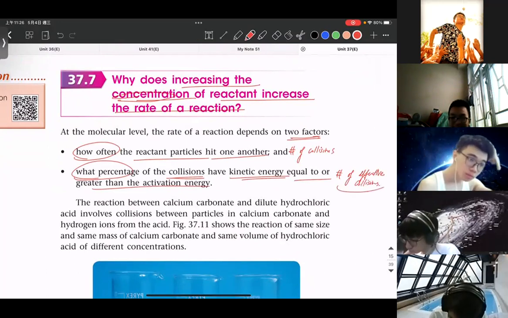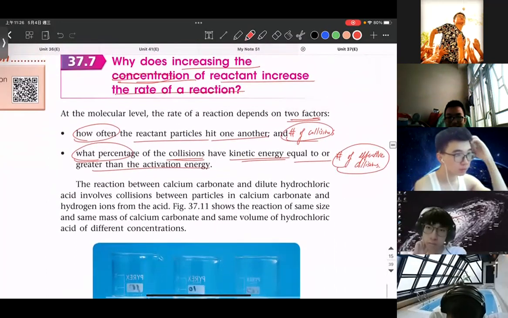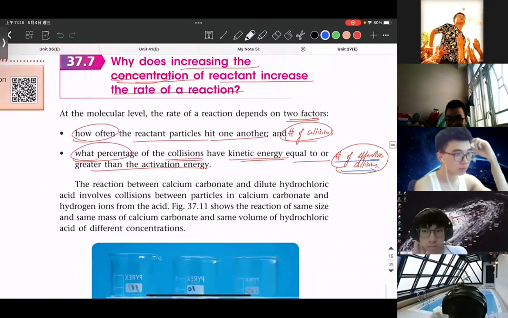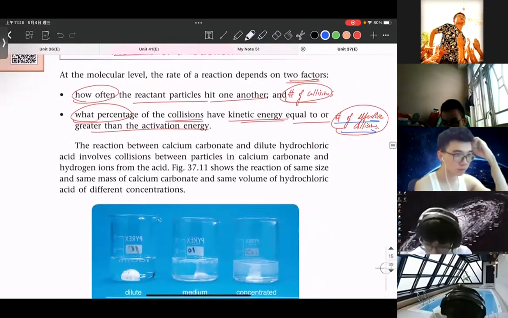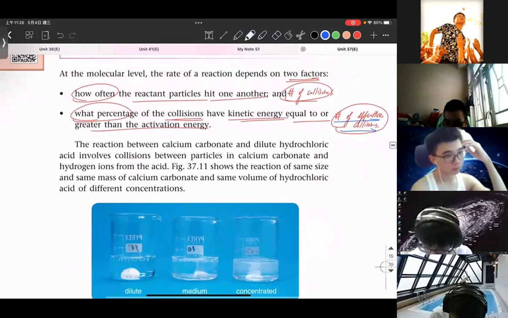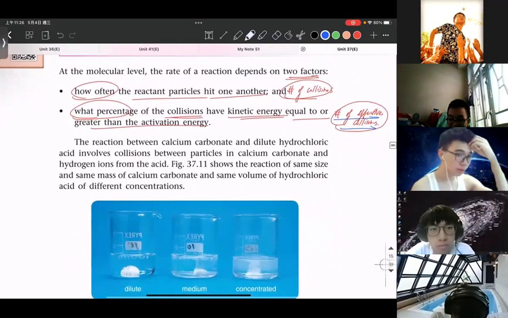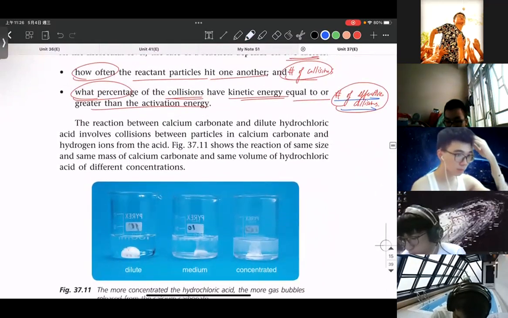Which one will make the reaction go faster? The number of effective collisions mainly. Even though you have so many collisions, if they are not successful, that is no use. Can you get what I mean?